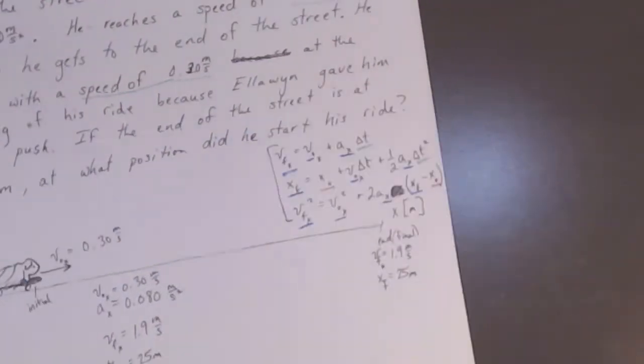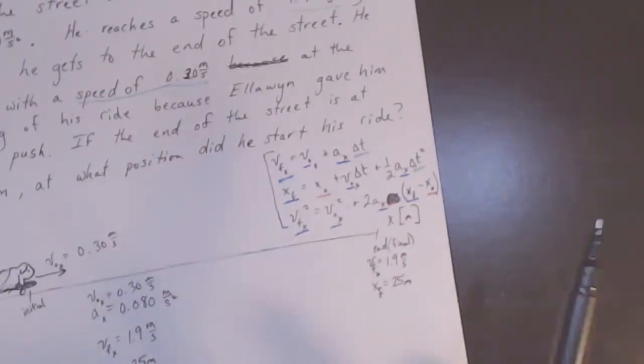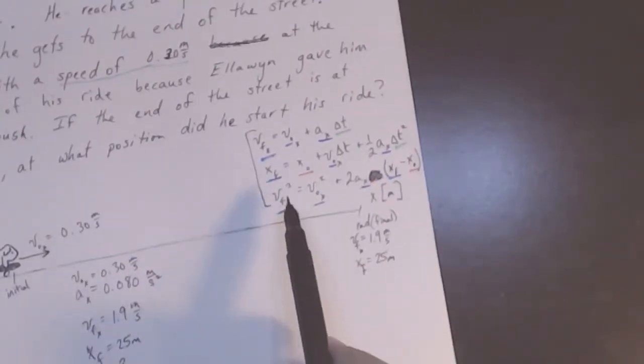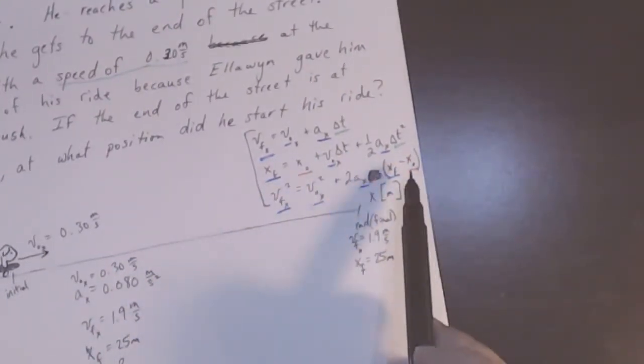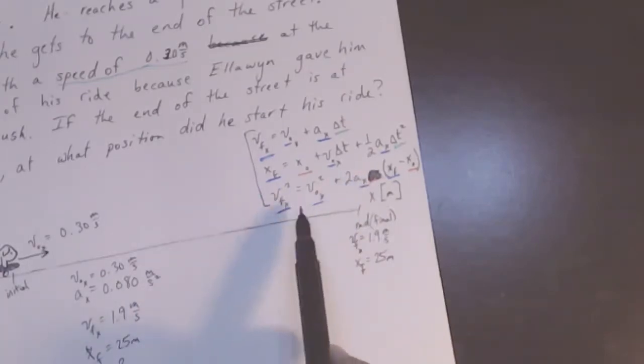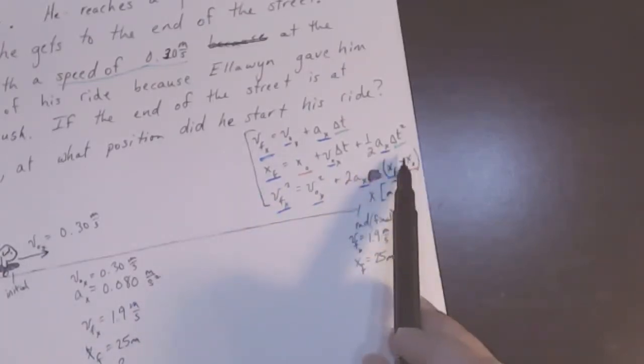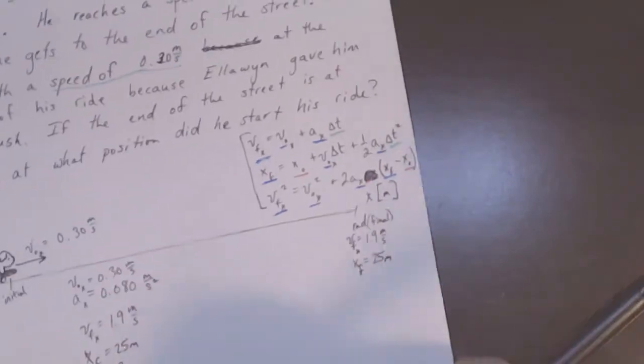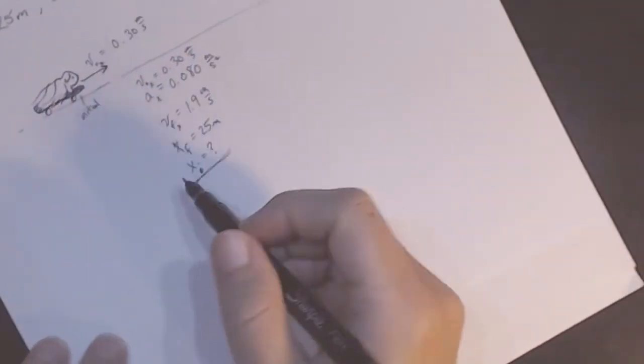So you're starting to see now which equation I need to use to solve this, because I'm looking for, ideally, the one equation where the only unknown is the variable I'm looking to solve. So that would be the third one here. So this third one, I know everything except for the initial position, which is what I'm looking to solve.